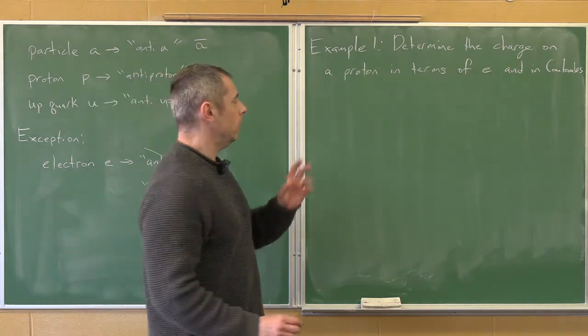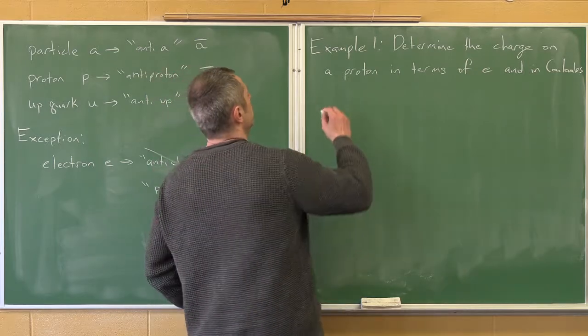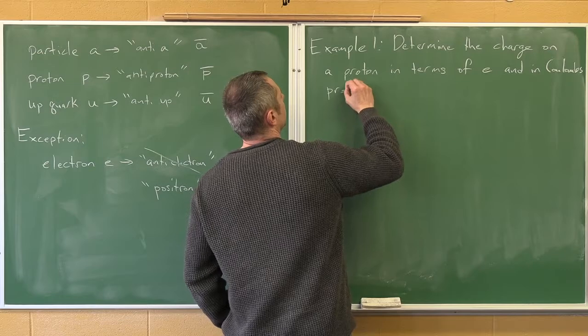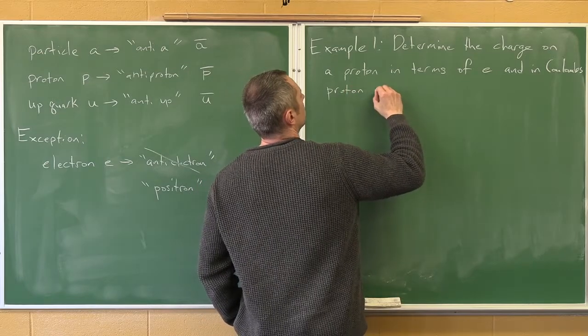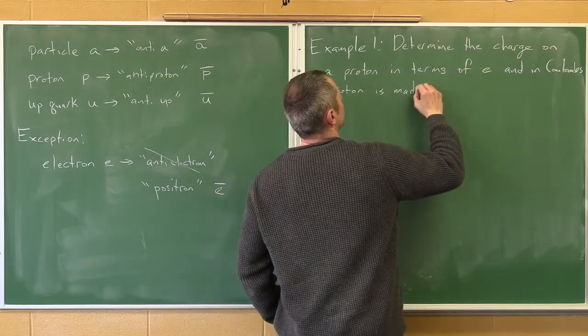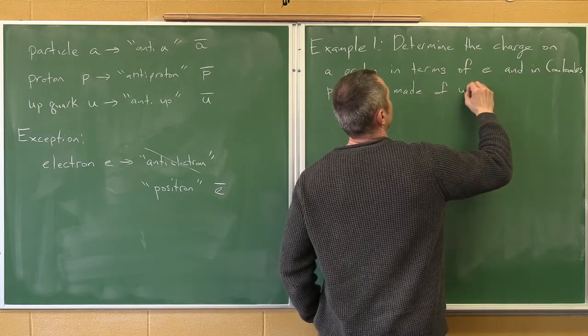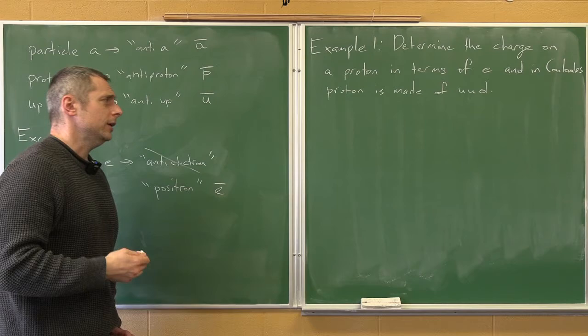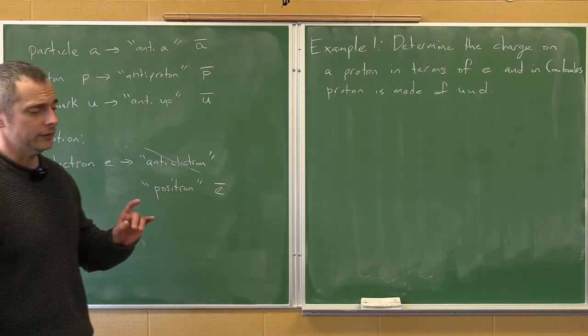What has to be given to you is the quark arrangement. You don't have to memorize that. That will be given in the problem. This is how you'd figure out the charge.